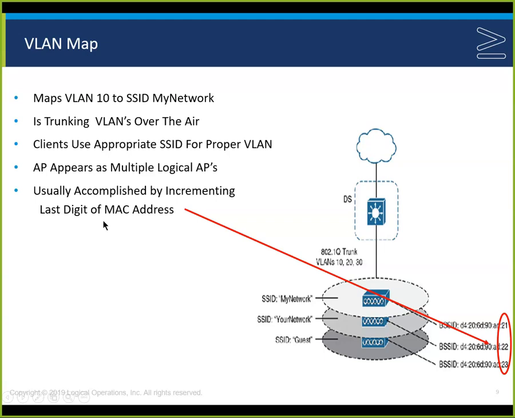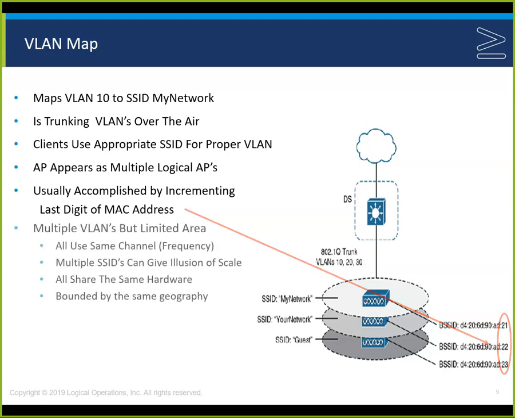And again, over here, the last digit of the MAC address, the multiple VLANs, the multiple SSIDs, BSSIDs, MAC addresses, usually accomplished just by incrementing the last digit of the MAC address. Multiple VLANs, limited area, all going to use the same channel, the same frequency, the same communication.